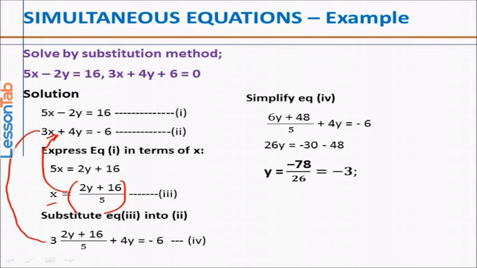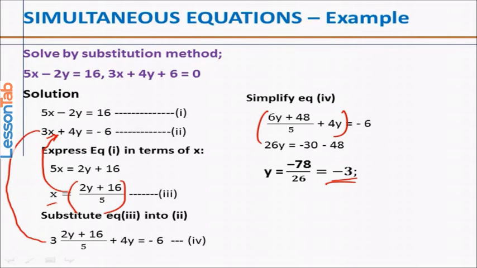This now becomes a very simple problem to solve. We've solved something like this in our earlier module when we talked about equations and expressions. With this, we see now that y will be equal to minus 3. And how did we get that? All we needed to do was to simplify this expression, 3 times 2y plus 16 divided by 5, plus 4y equal to minus 6.